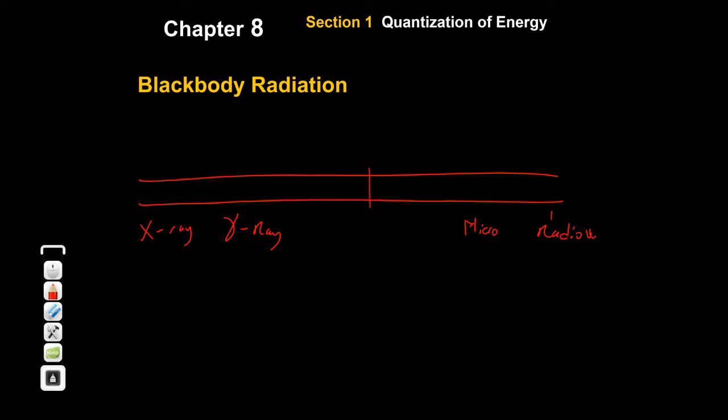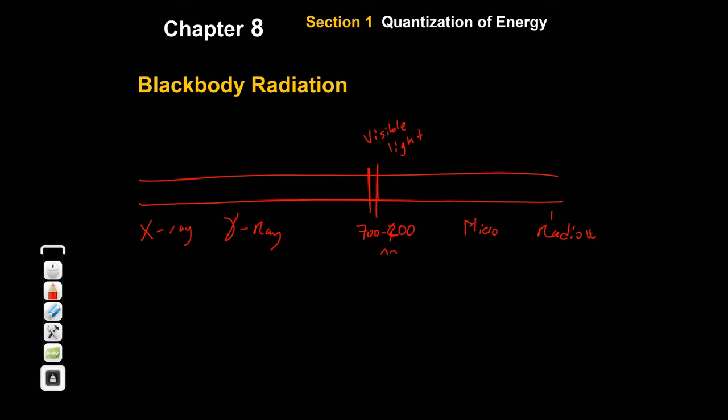But we are able to see only this narrow range, 400 up to 700 nanometer. This is the visible light spectrum, and we know that every object radiates with respect to different temperatures.